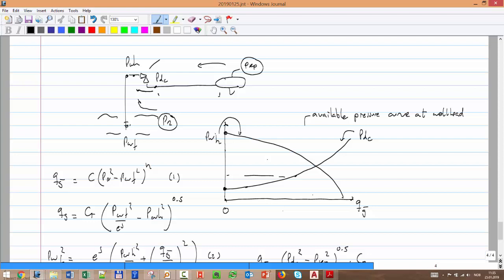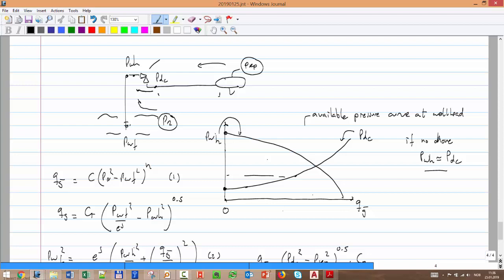Well, if there is no choke, then P wellhead will be very similar to PDC. Here I'm looking at the pressure from two sides, from the reservoir side and from the separator side, but the equation tells me they should be the same.